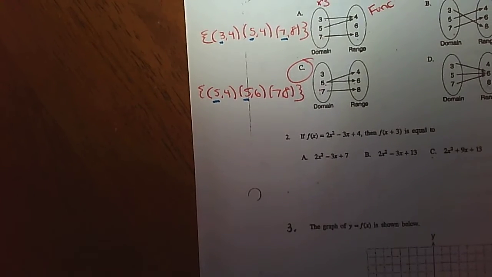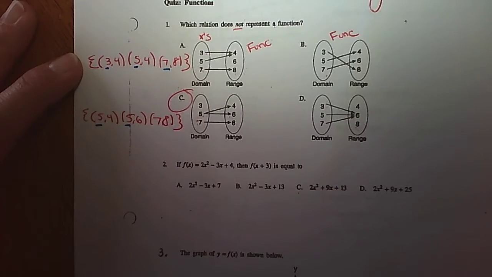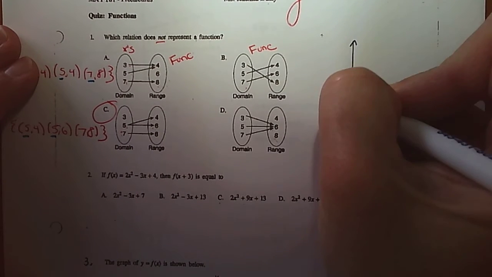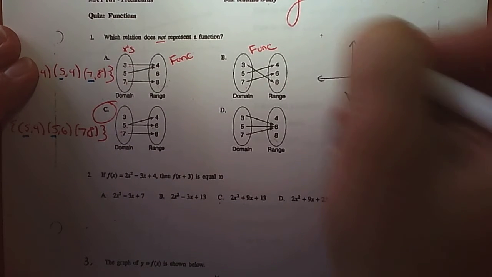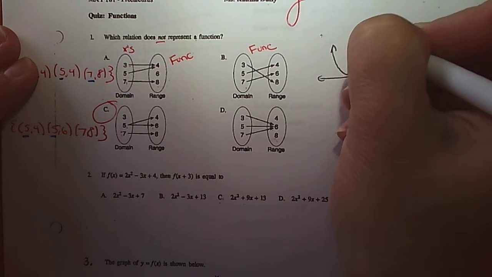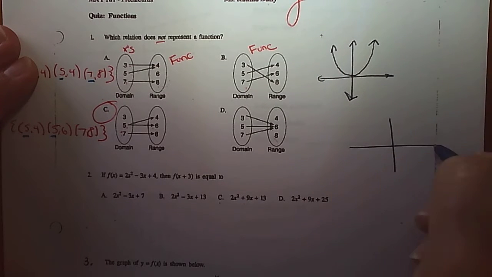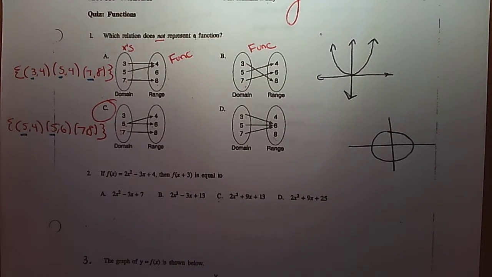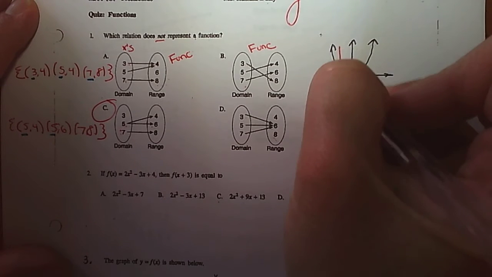Do you remember what you use in a graph? So for example, over here, I'm going to give you 2 graphs. I'm going to give you a parabola, and I'm going to give you a circle. Do you remember which one's a function and which one isn't? Well, easiest way to tell, vertical line test.